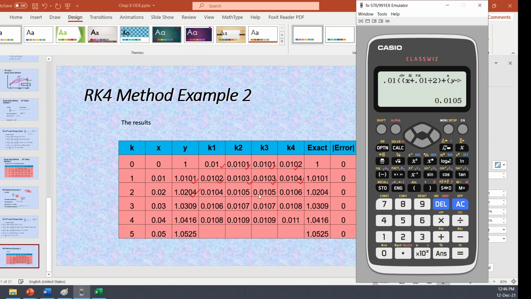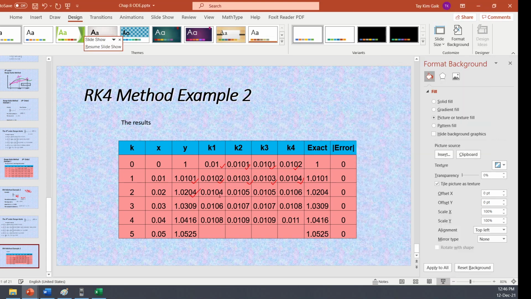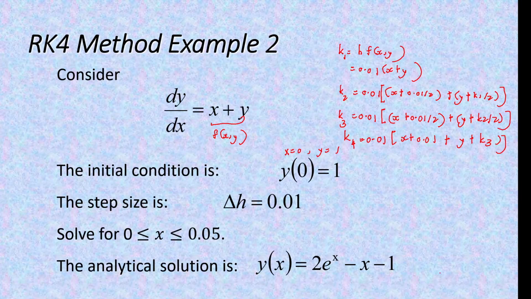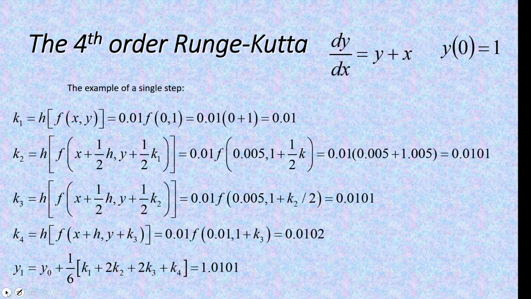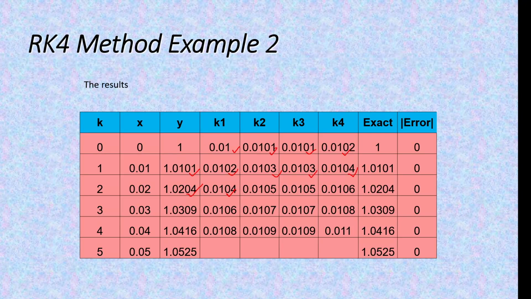So you get 0.0105. Okay, this one you have here.